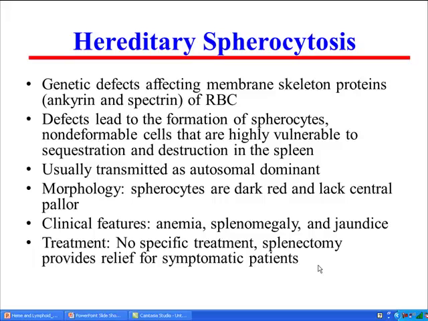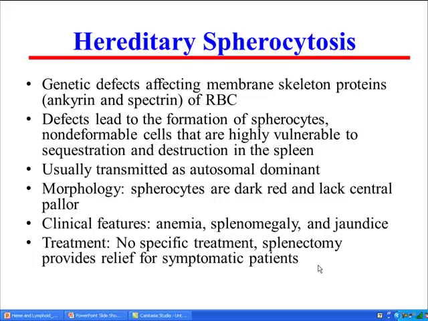Spherocytes are cells that are not deformable, so when they pass through the spleen, they're going to be destroyed in the spleen. This disease is usually transmitted as autosomal dominant, but there is a more severe autosomal recessive form of the disease, and it affects a small minority of patients.